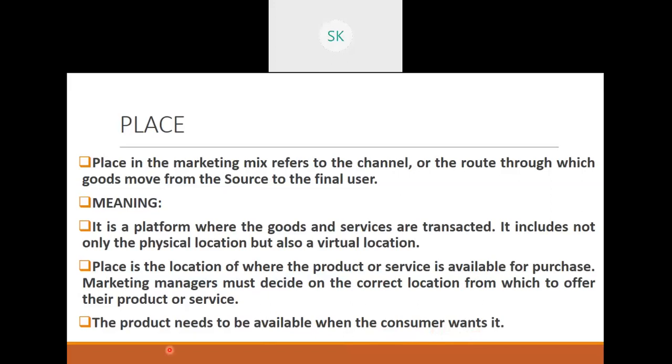So the product has to be available when the customer wants it. Nobody should say it is out of stock. You cannot say it is not there, except in extreme scenarios like COVID-19. But apart from that, at all other times you will have to make sure the customers get their products on time and are happy with the product. So this is your introduction to place.